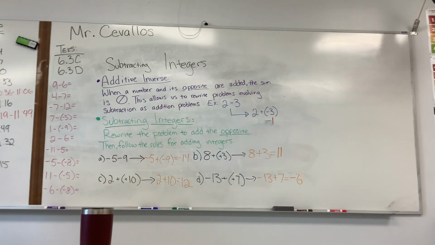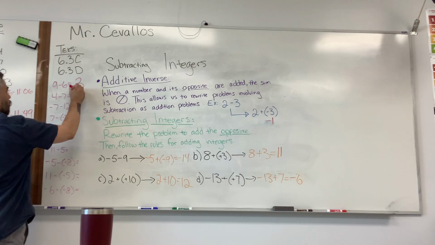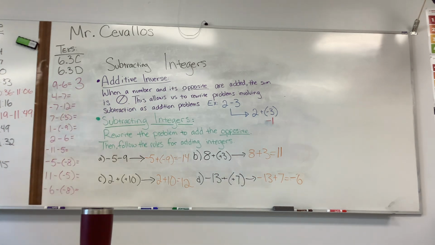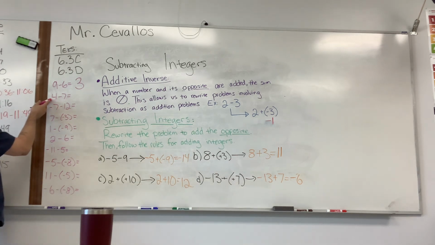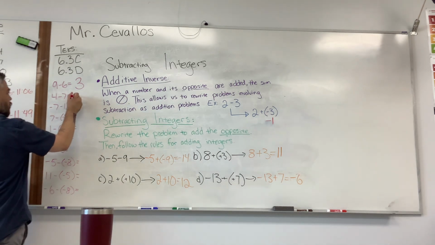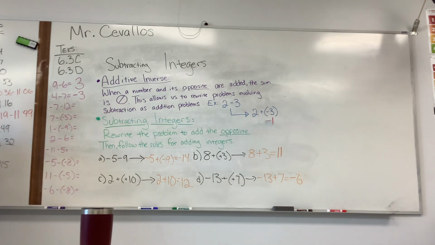We can just solve: 9 minus 6 gives us 3. Now 4 minus 7, we can rewrite as 4 plus negative 7. But just think about it: you have $4 in your bank account, but you spent 7. That means you still owe your bank $3.